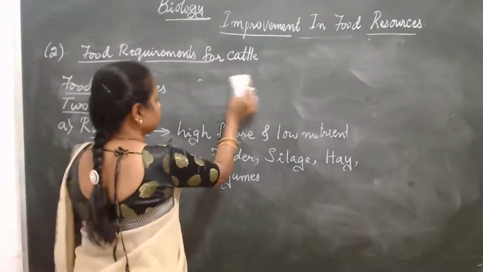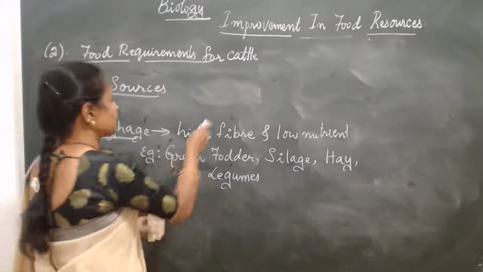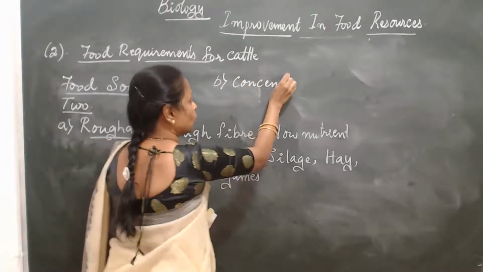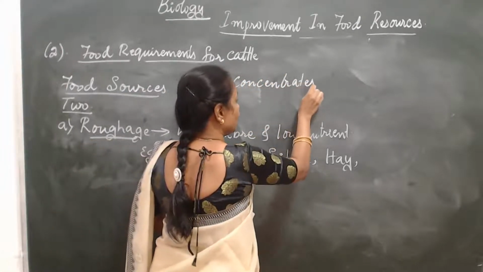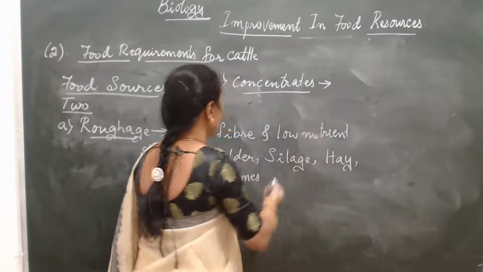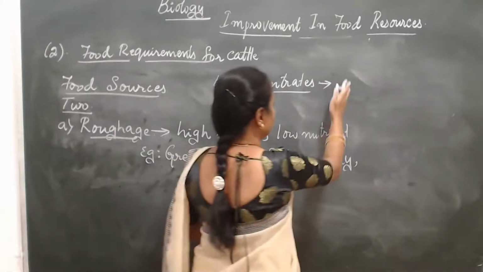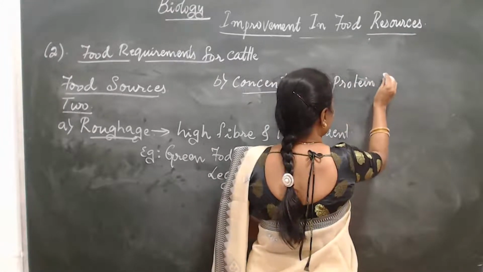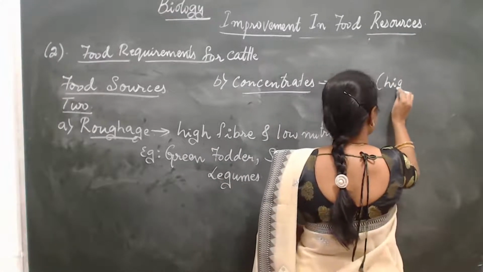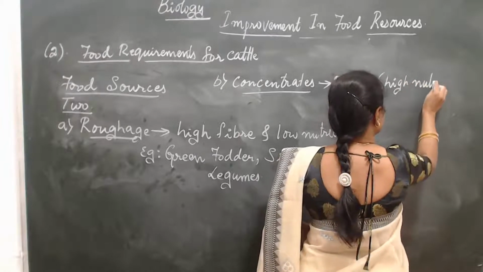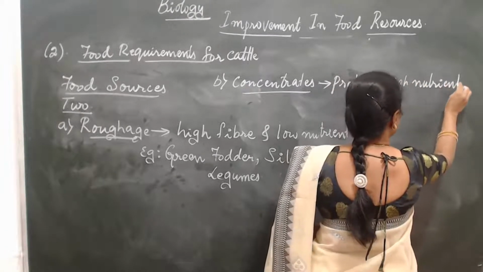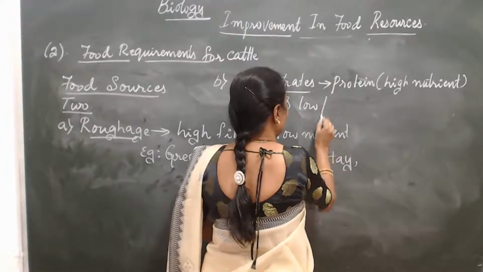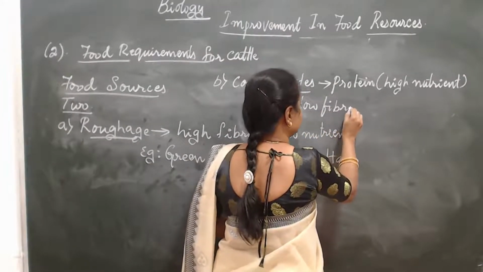The second type of food source is concentrates. Concentrates are just the reverse. They give a high amount of proteins, or you can say high nutrients, and low fiber.